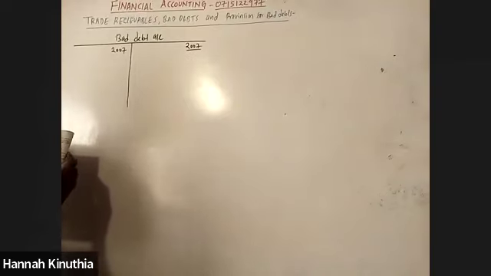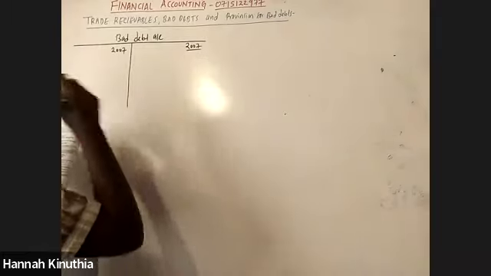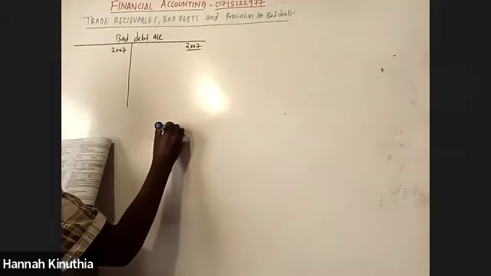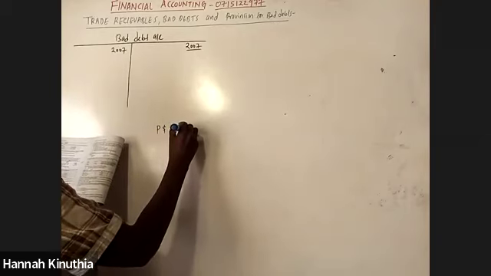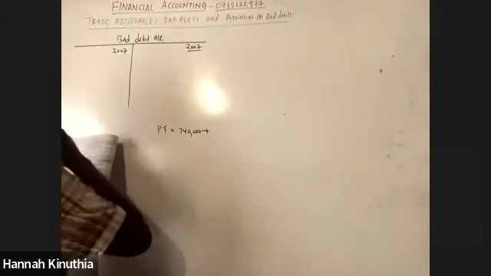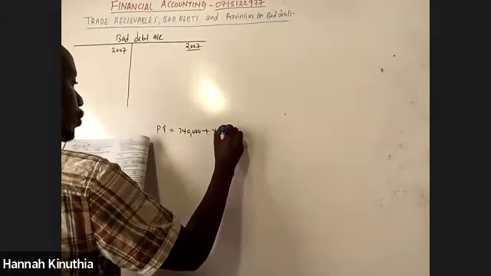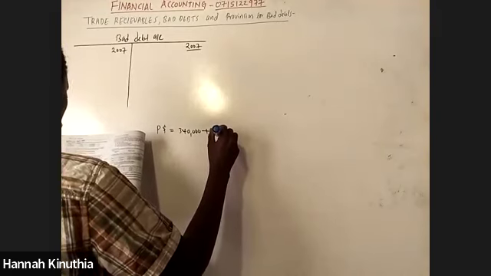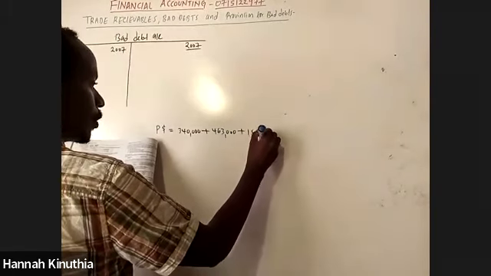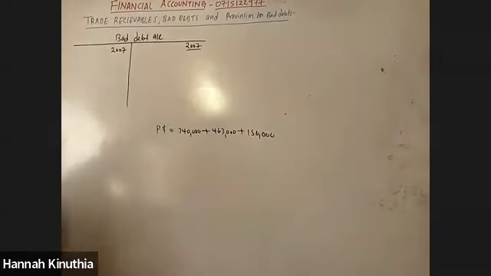The following bad debts were found. Now add them together so that we get our P&L. So it will be 340,000 plus 463,000, because all are in the same year, 2007, plus 156,000. So what will be our total to P&L? 959,000. Yes?